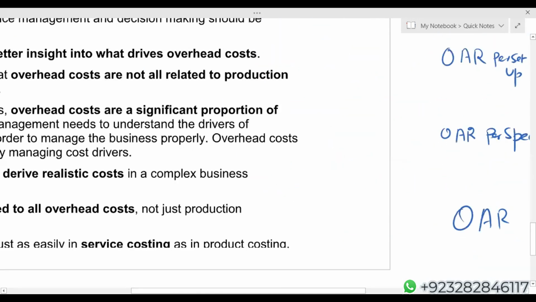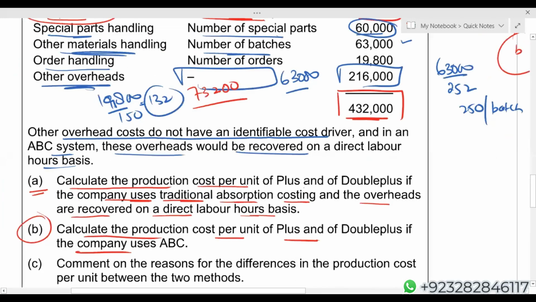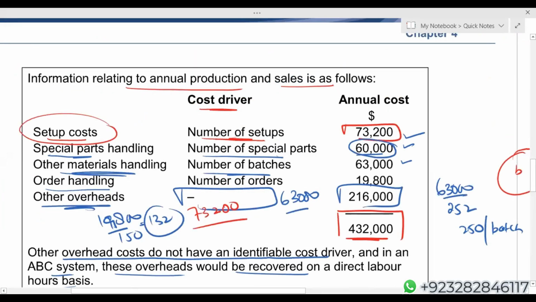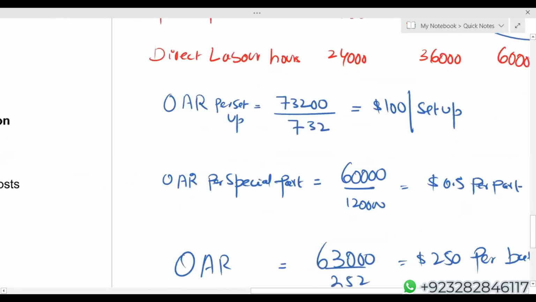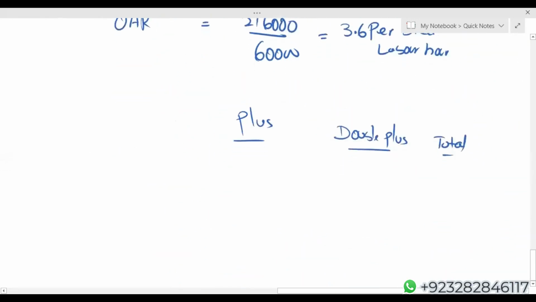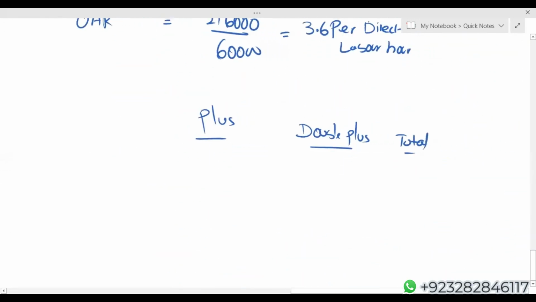Number one cost, which they have given us, is 73,200. So the setup total cost is 73,200.